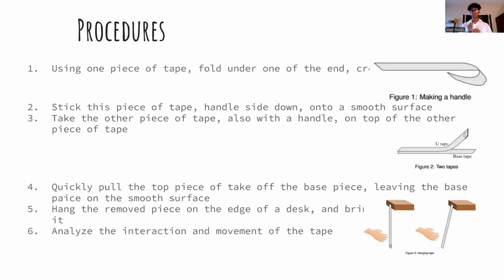For the procedures of the lab, we had to get a piece of tape about 20 centimeters long, tape it down on a table and make a quick handle on it, then stick another piece of tape on top of that tape and snatch it off really fast. That would charge up the tape we placed on top. A way to check was to put your hand close to it.